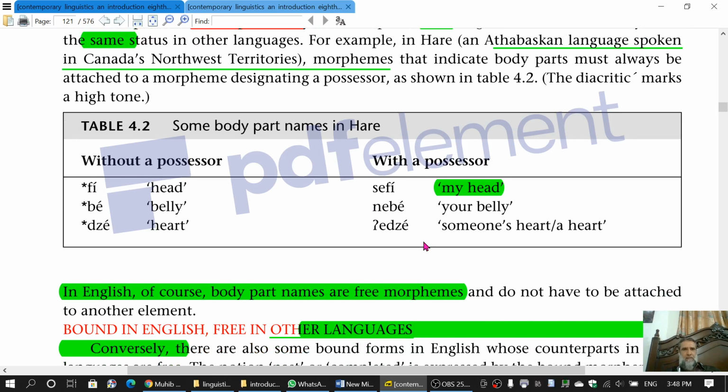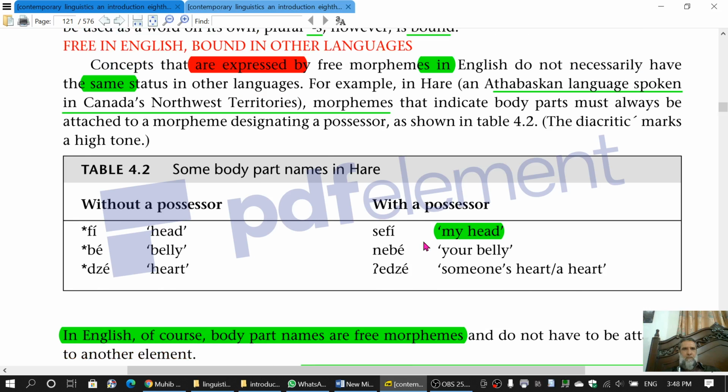So there are some morphemes which are free in English but which are bound in other languages, and the example is the Athabaskan language, Hare language spoken in Canada. And in this language the body parts are not free morphemes as they are in English.